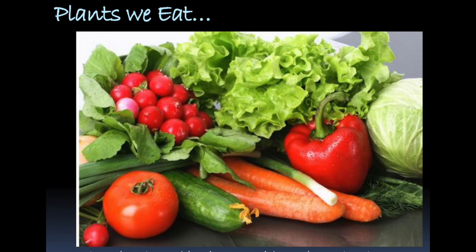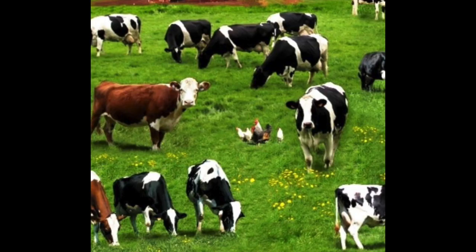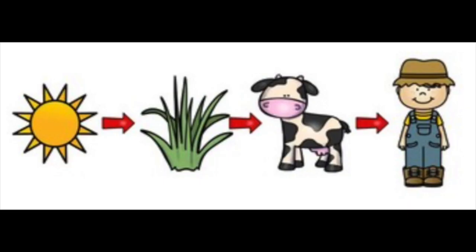But even those of us that eat animals, such as if we eat a hamburger or chicken nuggets, we're actually still getting our energy from plants because the cow or the chicken was eating plants. We as consumers are still getting our energy from plants, even when we're not eating a plant.